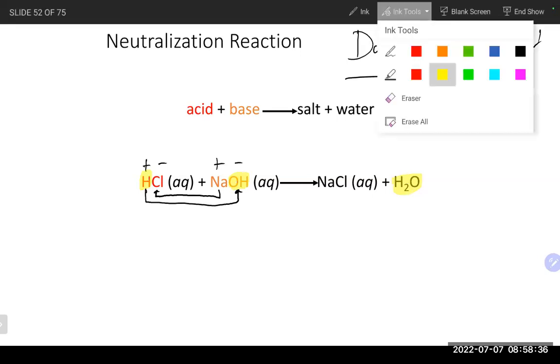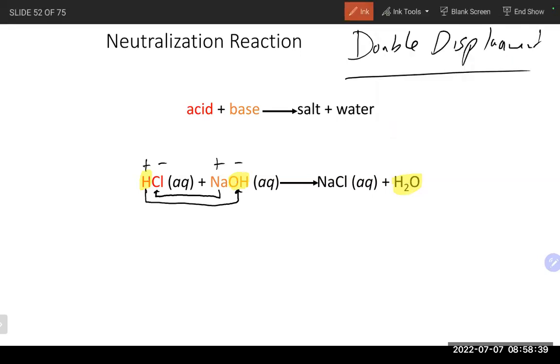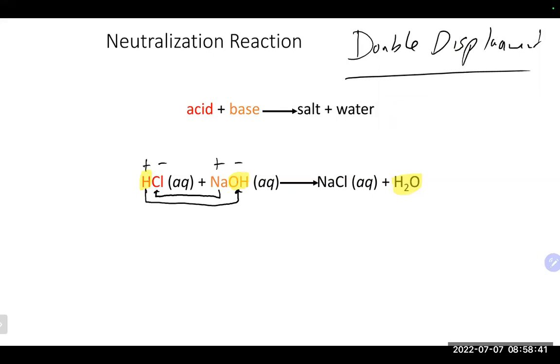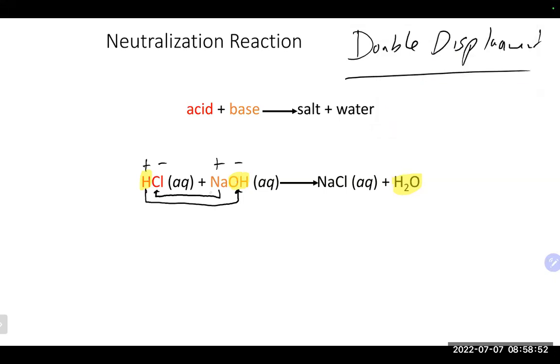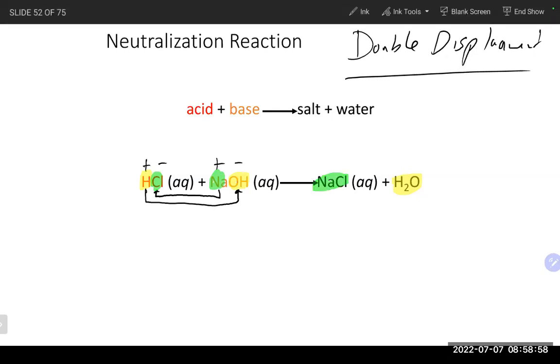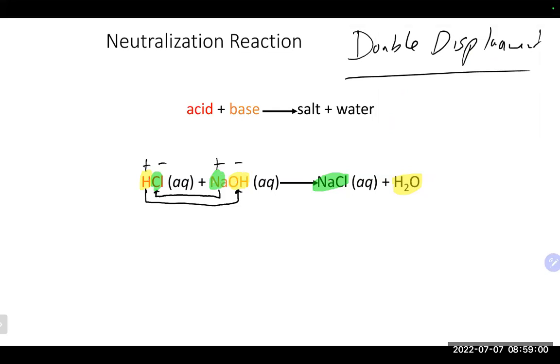If you want the salt part, which is the ionic compound, just put your hand over those parts, and what's left over will produce the salt. The salt would come from the sodium ion hooking up with the chloride ion. So it is still that double displacement reaction. This again is the salt, and obviously that is water.